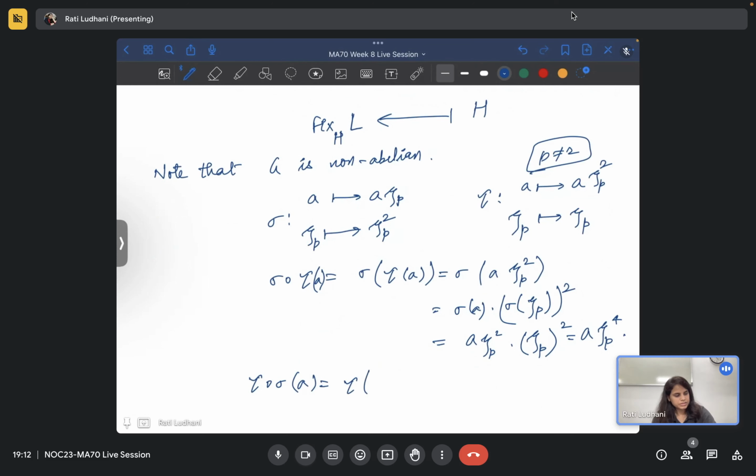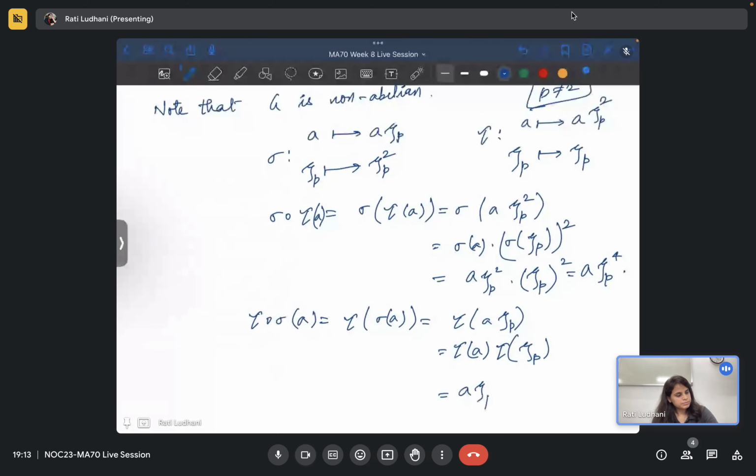Now let's see what we get from the other side. Just check if I have made any mistake. Sigma of a is a zeta p, and you'll get tau of a times tau of zeta p. Tau of a is a zeta p square, and into zeta p, so you'll get zeta p cubed.